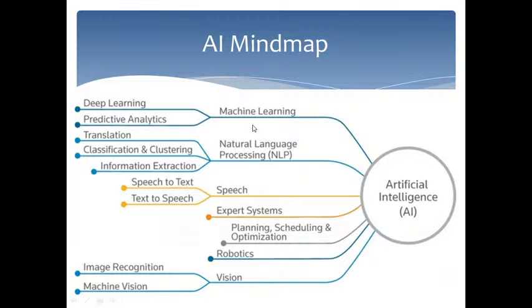Out of the 7, I've done natural language processing with you. I've done computer vision with you. Today, I'm going to be doing robotics and speech. That's what I want to do with you today.